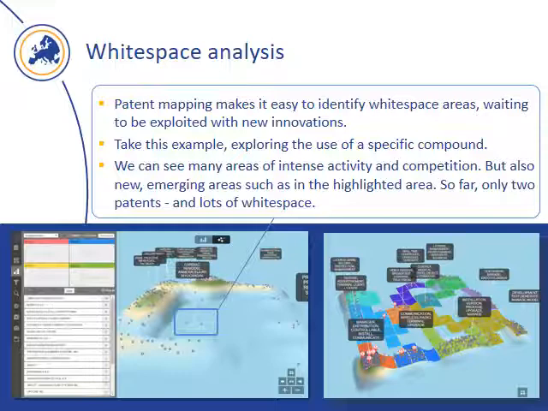And on the other hand, we have also areas like the one indicated here with the blue rectangle, where there are only 2 patents in this case, and which are therefore very interesting if a company is able and willing to make research and development in this specific field.